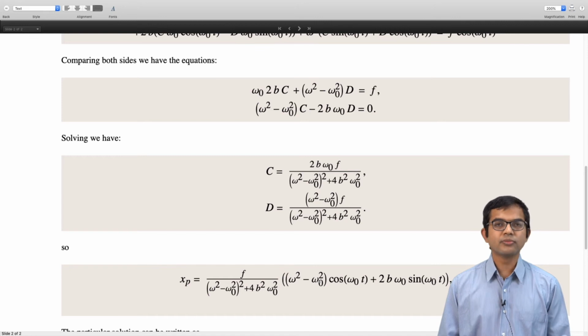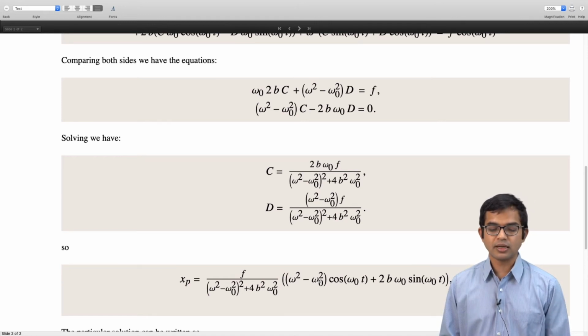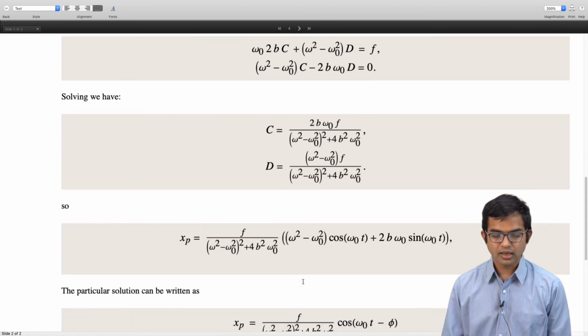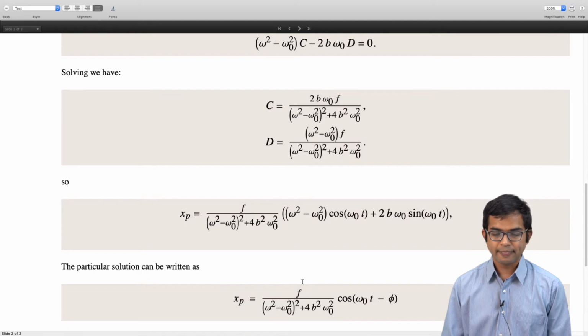Now it's useful to rewrite this particular solution in a form which is instructive. Well, there should be a square root here.